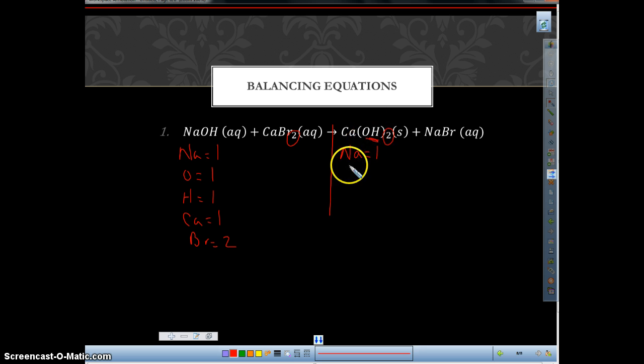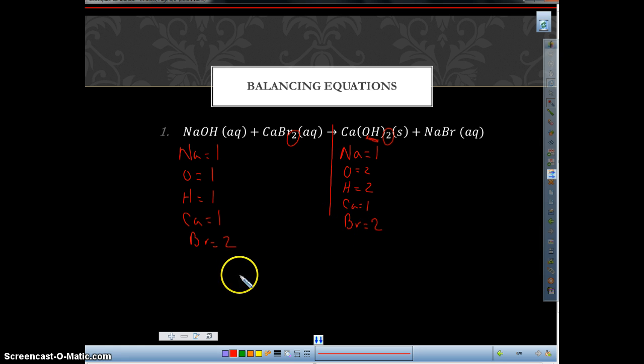And that means I then have 2 oxygens. So you always want to imagine there being a little 1 here. 2 times 1 will give me 2 oxygens. Same thing with the hydrogen. Calcium I have 1 of, because that's not in that parenthesis set. And then bromine I have 2 of. So that's where you want to start.